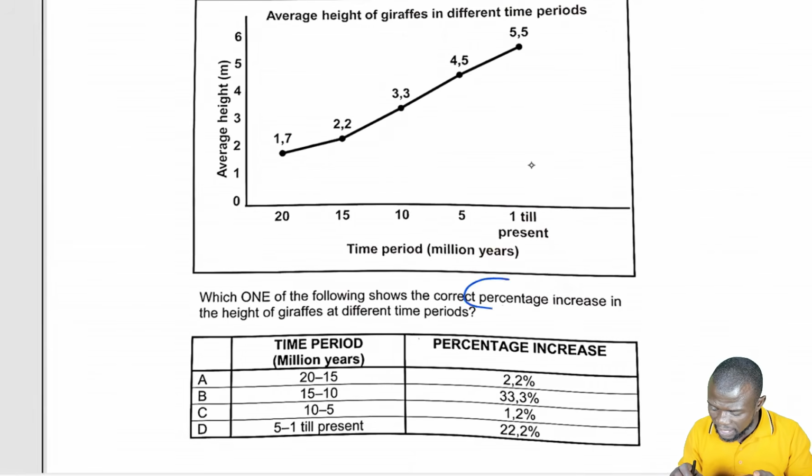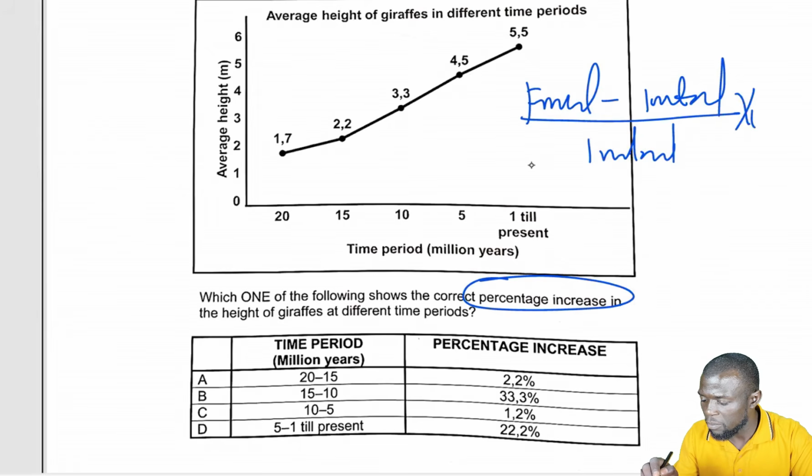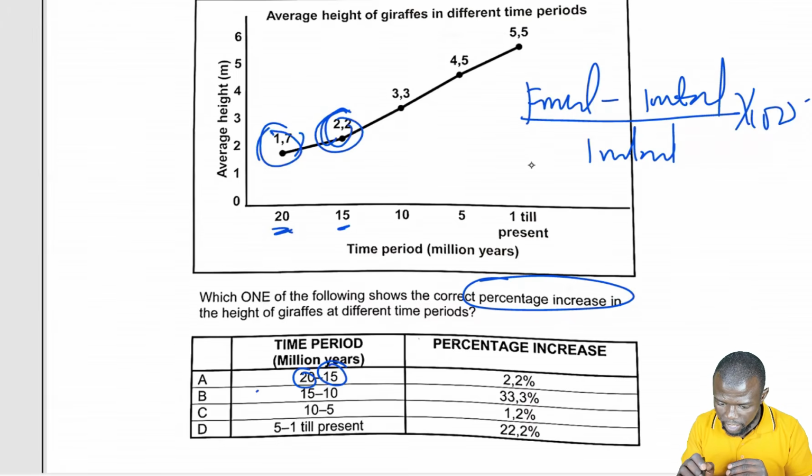Remember, percentage increase, we say that it is final minus initial over initial, times 100. So I need to find out, if I get the final, it is saying from 20 to 15, from here to here. So if you put this minus this, divide by this, times 100, do you get this out?